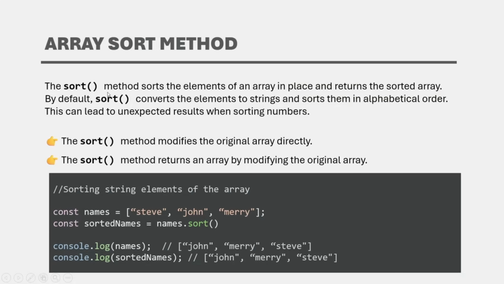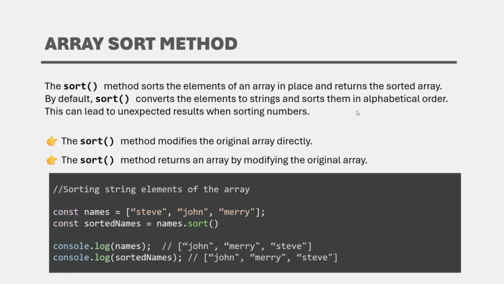The sort method of the array is used to sort the elements of an array into ascending or descending order. And by default, sort converts the elements to strings and then sorts them in alphabetical order. So when we use the sort method on string values, it will basically sort them in alphabetical order.